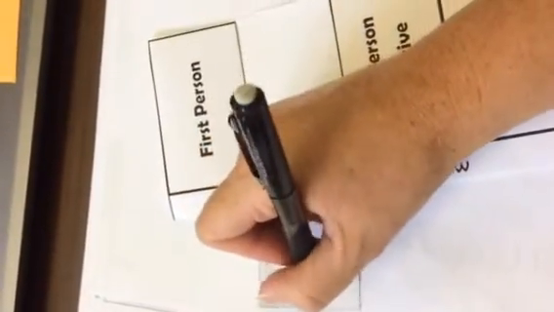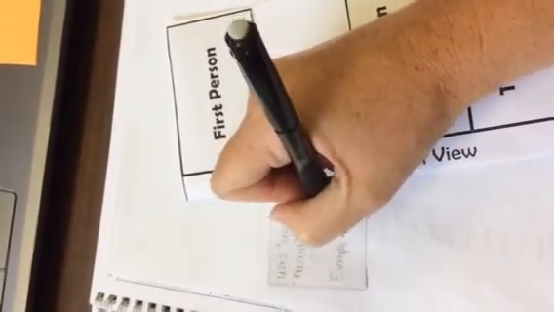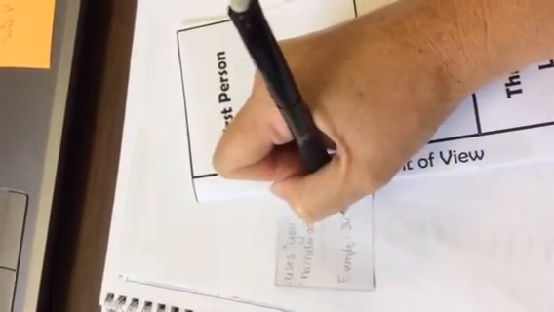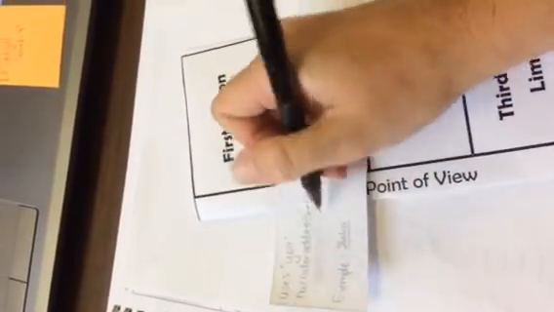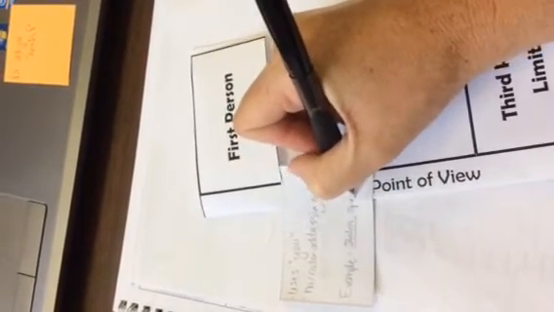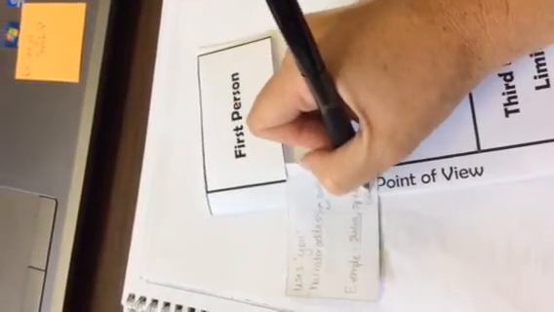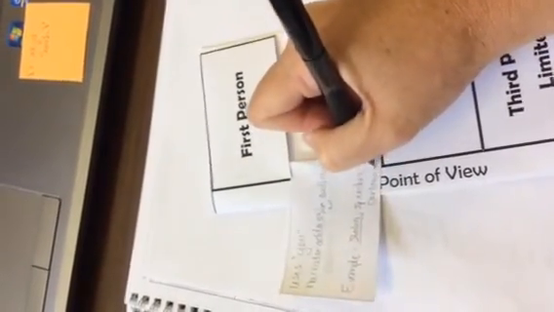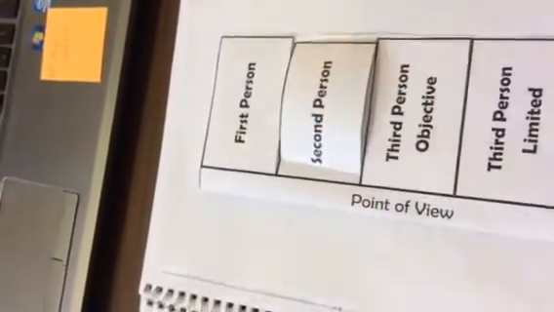Okay, and then down here below we can put example. This book, Stolen. Remember what to do with titles of books when we're writing them out. Always underline. Italicize if you're typing. Okay, and then we also know that this is popular in speeches and definitely in cartoons, especially like Dora. Okay, so second person, you're definitely going to see the word you because the speaker is addressing the audience.